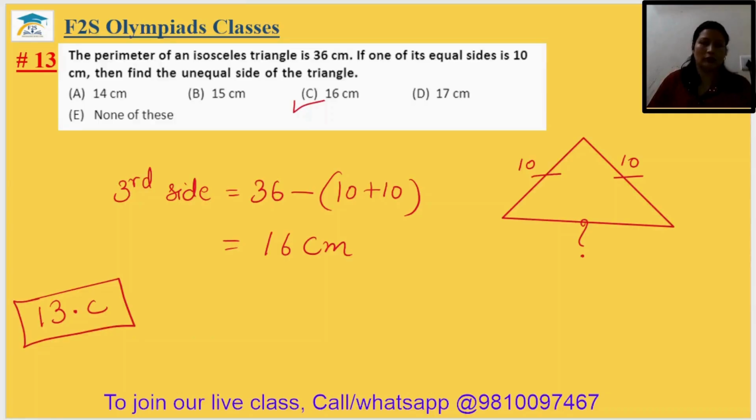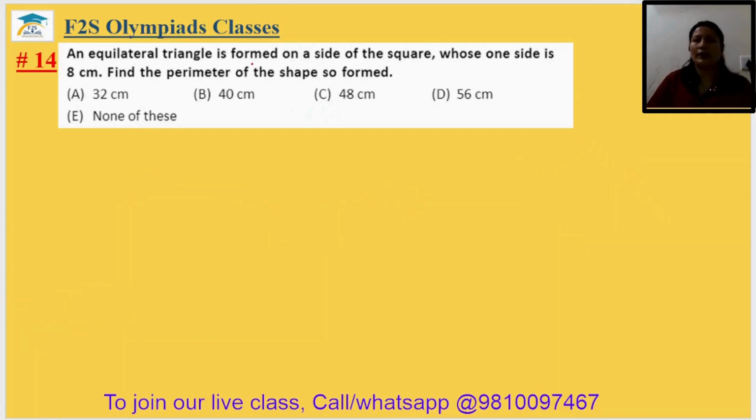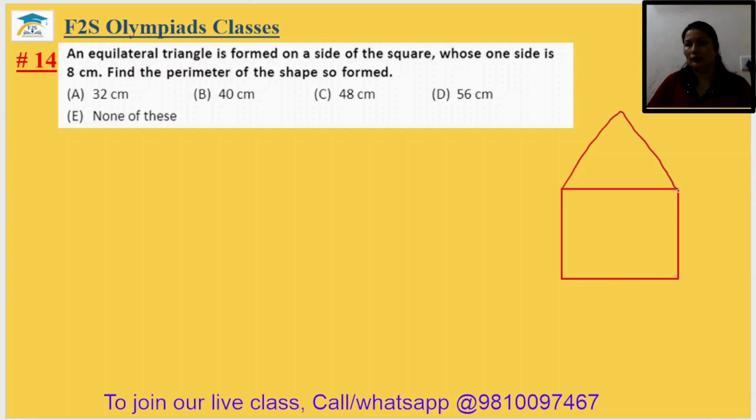Okay, come to question number 14. An equilateral triangle is formed on the side of the square whose one side is 8 centimeter. Find the perimeter of the shape so formed. So how is the shape formed? First we make a square and a triangle on it. So the side of the square is given 8 centimeter and this is the equilateral triangle.